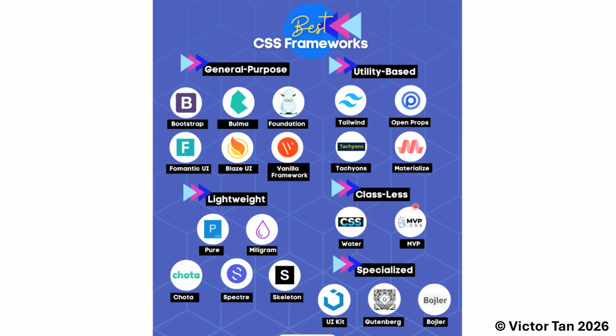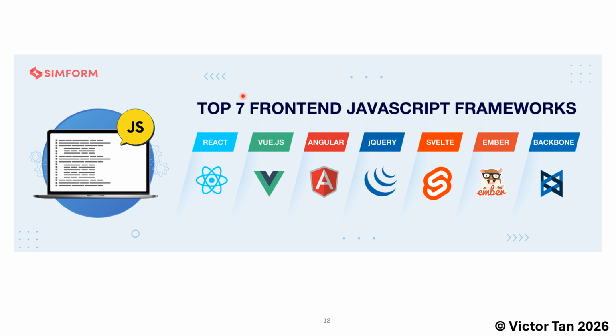So here we can see a collection of a variety of CSS frameworks, and beyond the ones that I just mentioned, there are quite a large number of options out there, but most of the time people tend to stick to a few well-known ones. So Bootstrap would of course be the classic one. Then there's Tailwind, Bulma, Material UI, and so on. And then, of course, front-end JavaScript frameworks, the three most popular ones that dominate the market are React, Vue, and Angular.